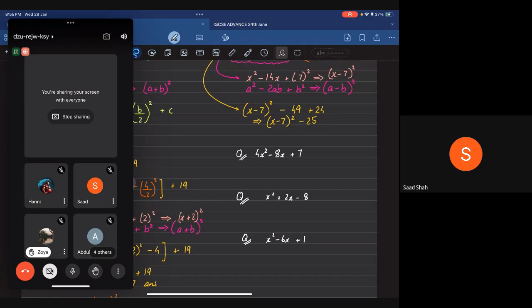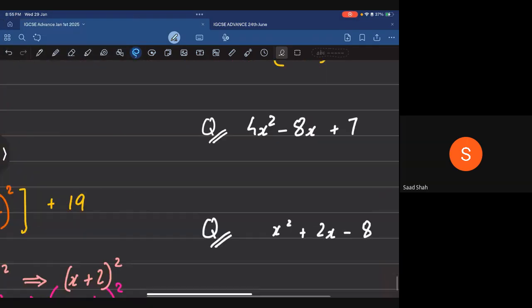All right, so we've got a couple of contenders.